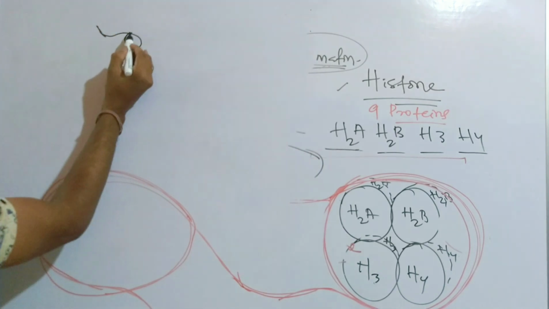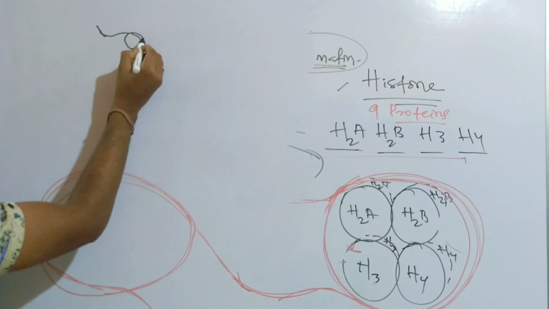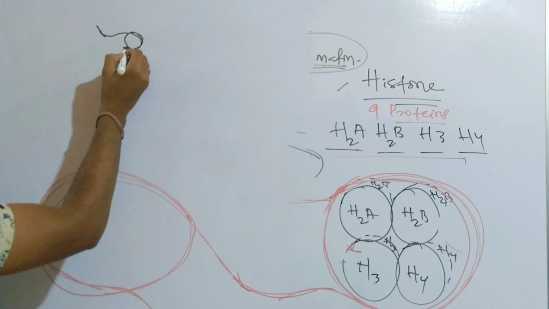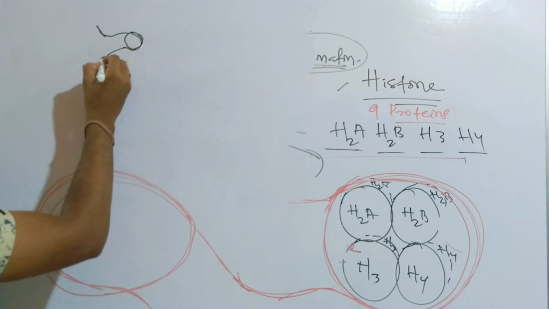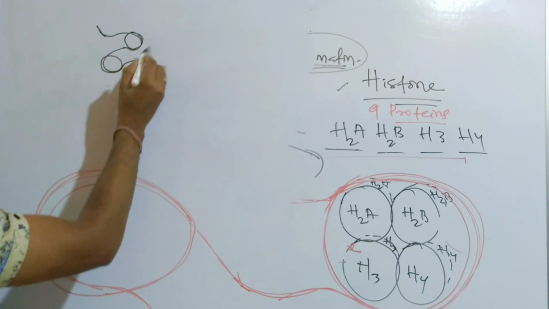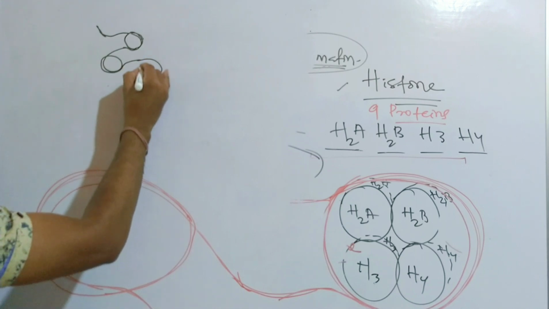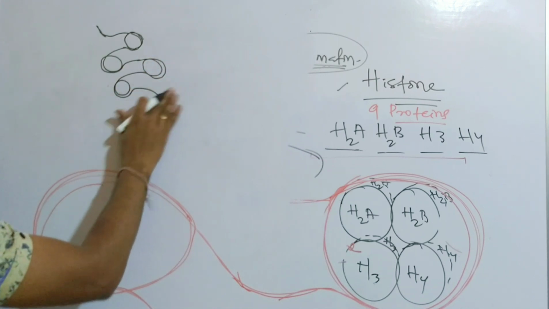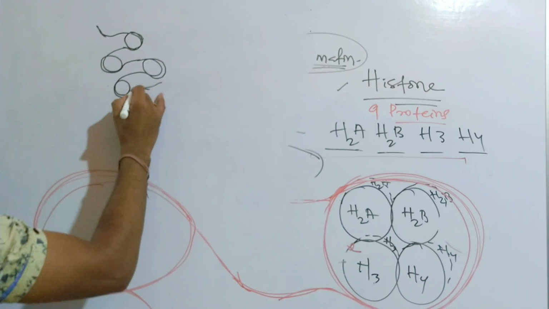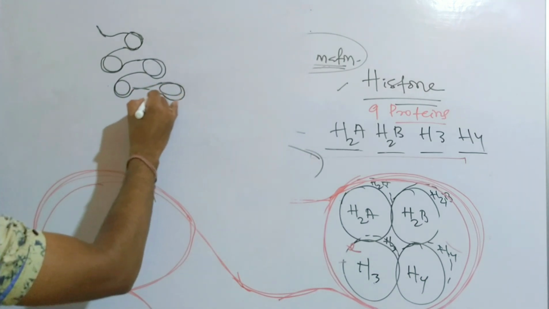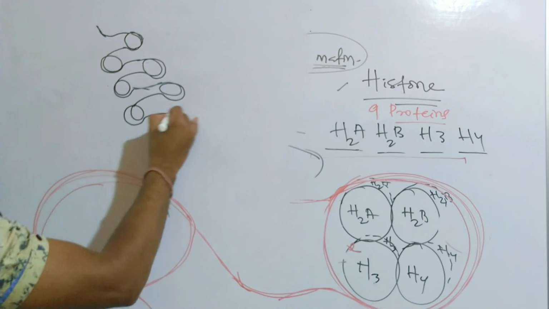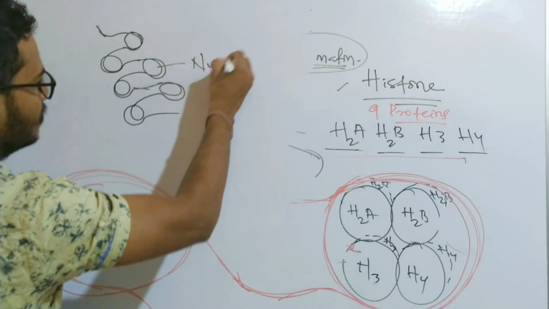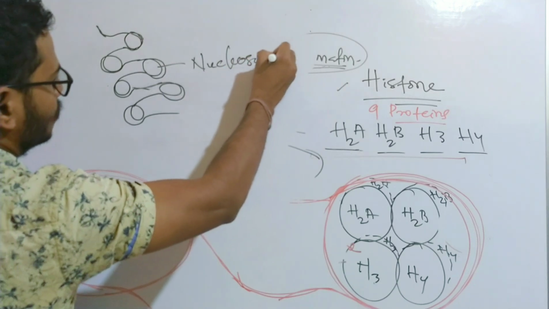This is one nucleosome where it completes one circle, next circle 3/4, then it will come to another nucleosome, complete 1 3/4, like this. It will go to another nucleosome, complete 1 3/4, and this process will go on. So this is one nucleosome.